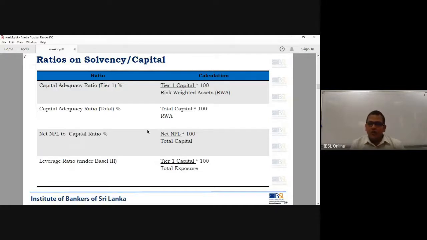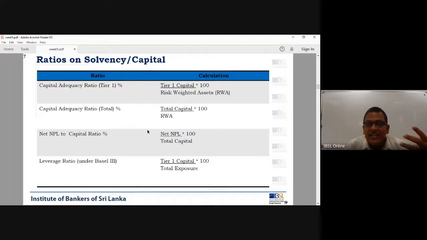I don't know whether you all want more explanation on the capital adequacy ratio and how the banks are computing it. Do you want more explanation, or is this enough? If you all have the basic idea about the capital adequacy ratio, I need not waste my time.